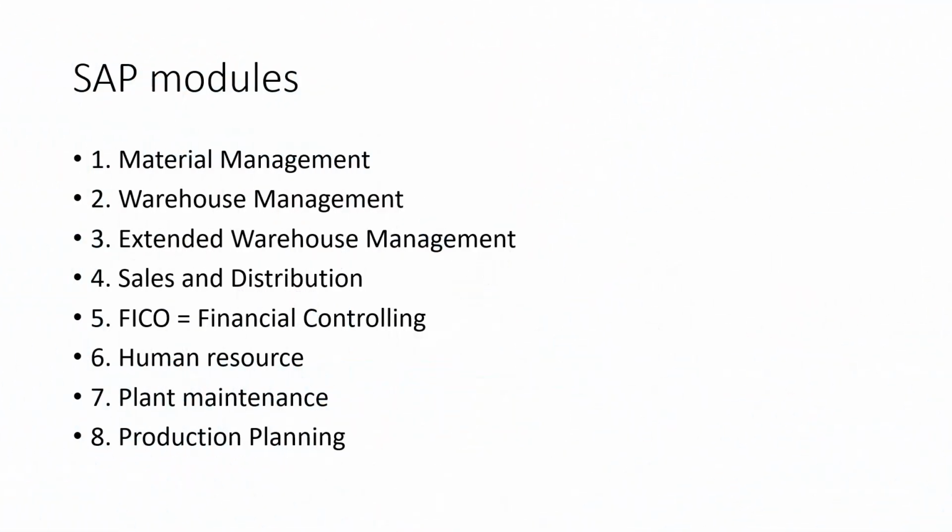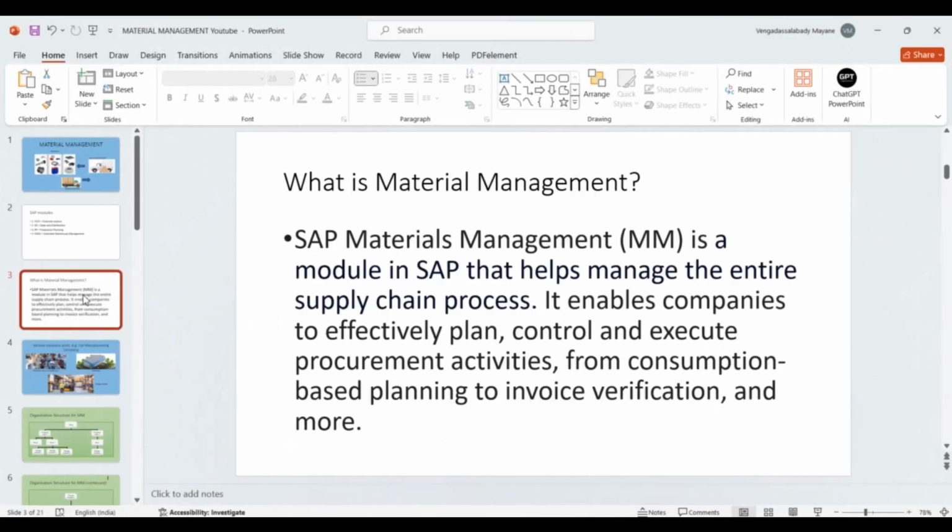Like other SAP modules such as warehouse management, extended warehouse management, sales and distribution, FICO, which is finance and controlling, human resource, plant maintenance, production planning, supply chain management, MM is one of the biggest and important modules in SAP. Now let's see the definition of MM.